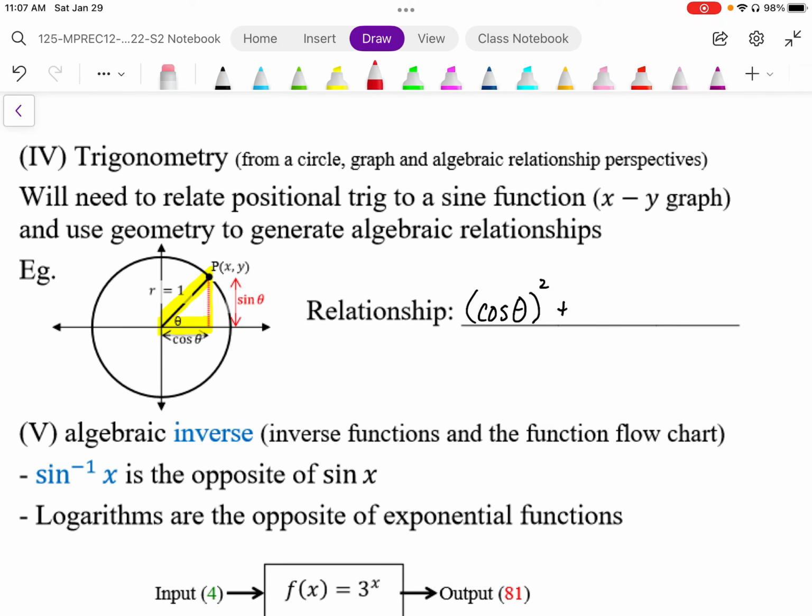Again, since it's a unit circle, the sine value represents a vertical height, and we can square that, so we get a squared plus b squared must equal the hypotenuse, which is 1. And we end up with relationships like this, and these are called trig identities. These are just algebraic relationships involving trig functions.